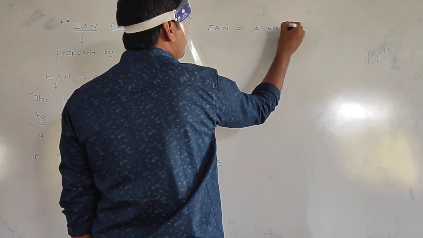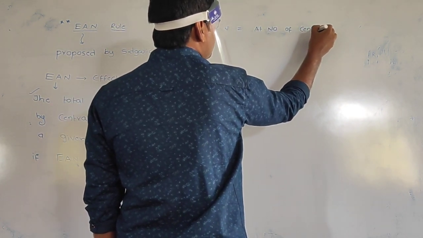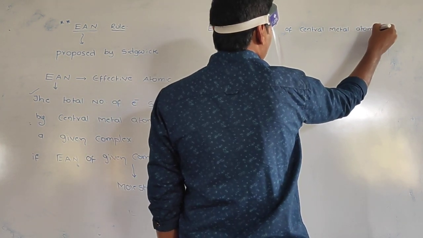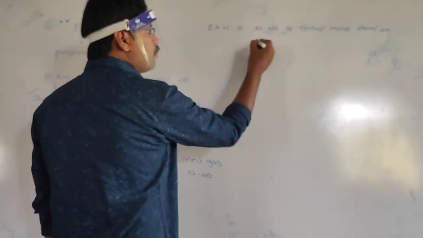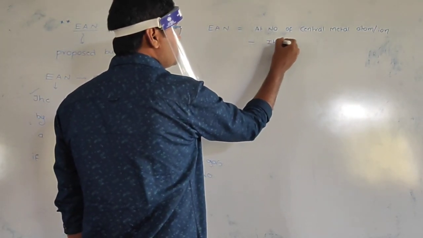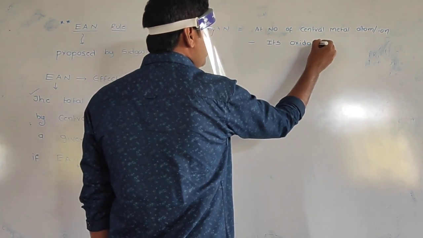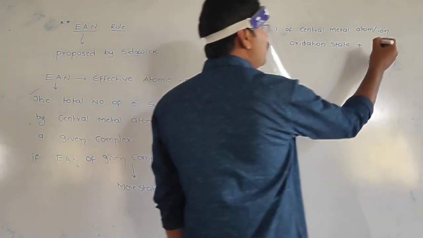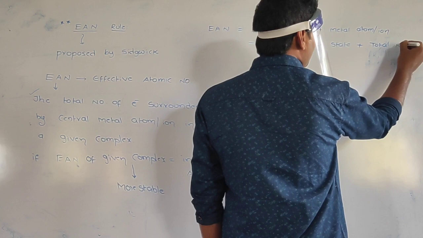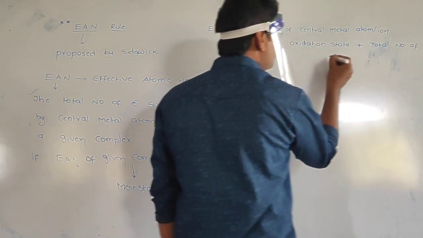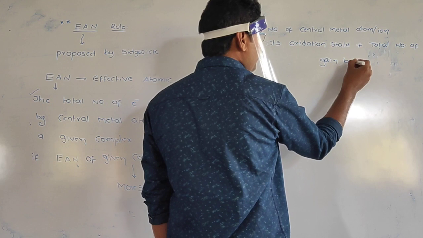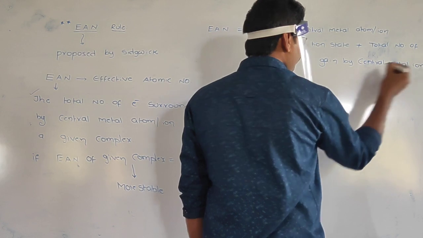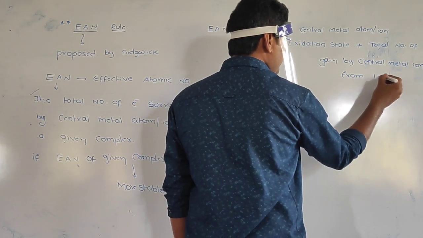Atomic number of the central metal atom or ion, minus its oxidation state, plus the total number of electrons gained by the central metal ion from ligands.